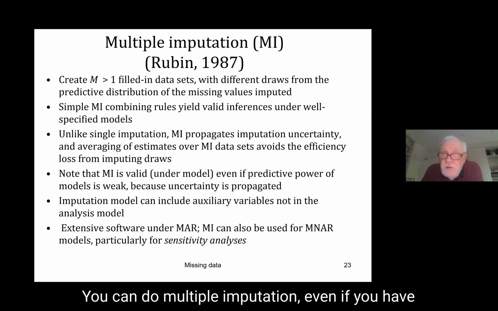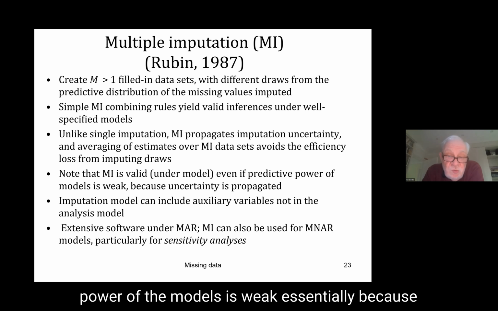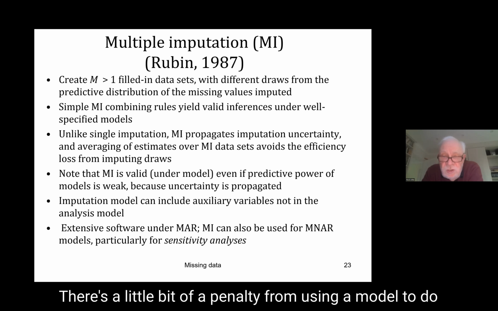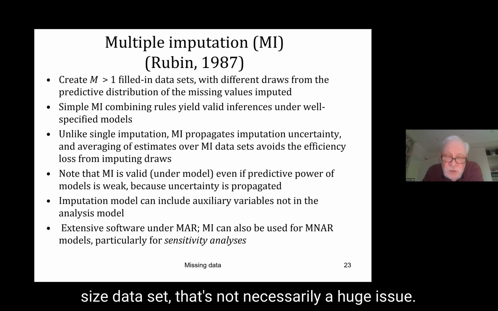You could do multiple imputation even if you have a lot of missing data, even if the predictive power of the models is weak, essentially because the standard error is still valid because you're propagating the imputation uncertainty. There's a little bit of a penalty from using a model to do the imputations, but provided you have a reasonable size data set, that's not necessarily a huge issue.